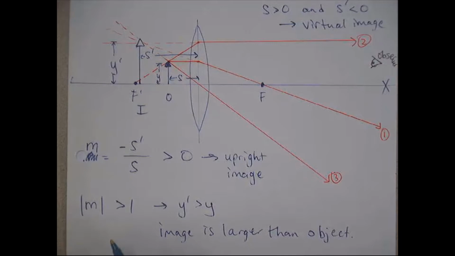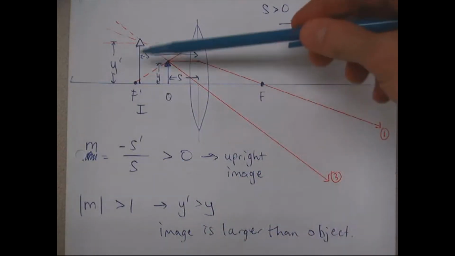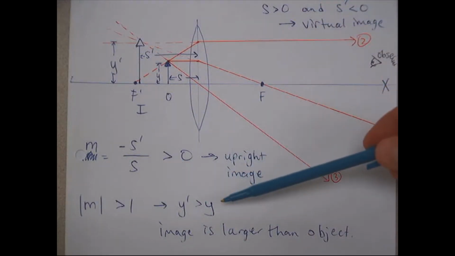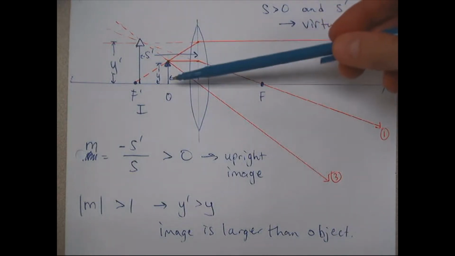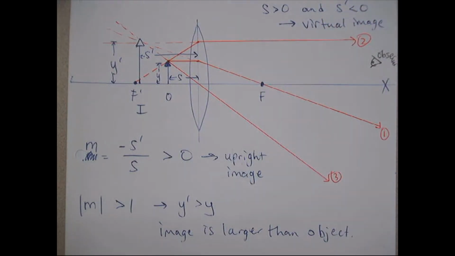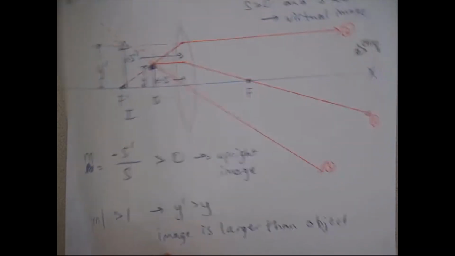In this situation, you will also see that the height of the image, Y prime, is greater than the height of the object, Y. Those are the first two cases covering the converging lens.